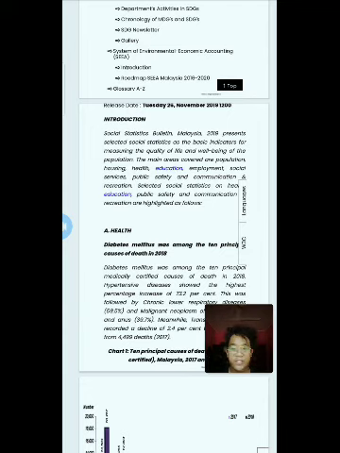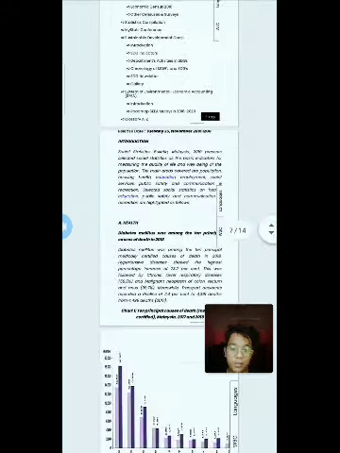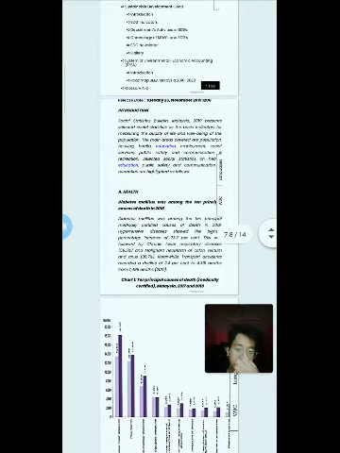The first one is health. You can see there, diabetes mellitus was among the 10 principal medically certified causes of death in 2018.